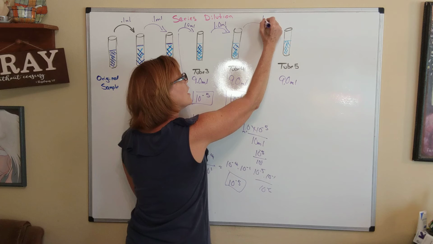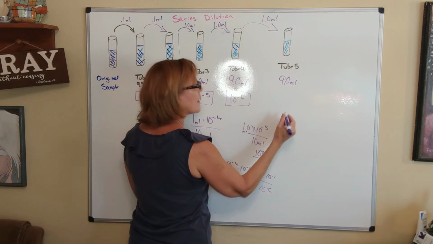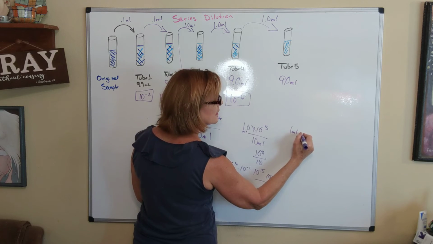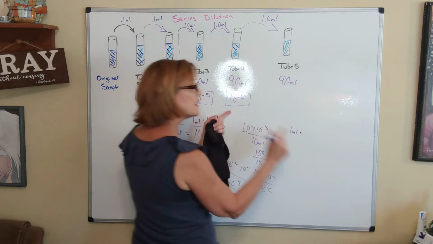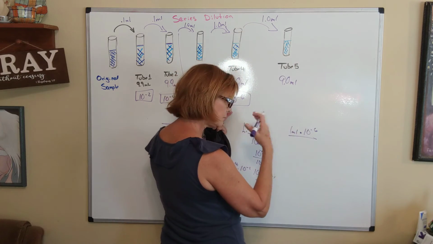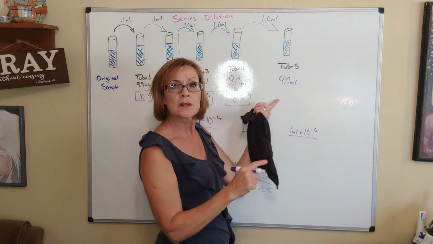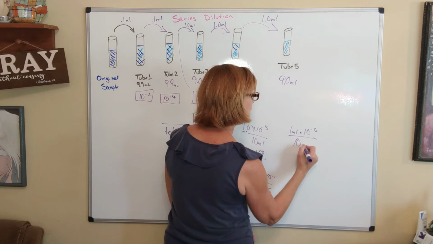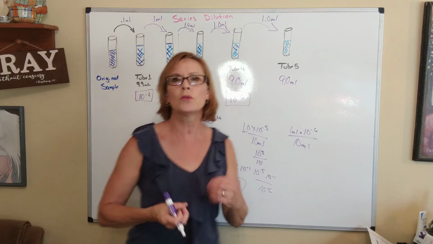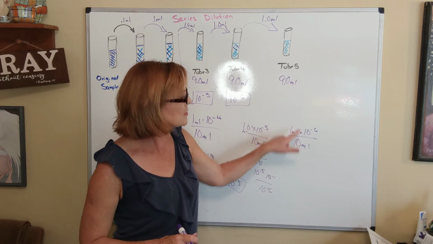Again, what if they add 1 milliliter? 1 milliliter of what? Of, or times, 10 to the negative 6 is what they've added. Once we add 1 milliliter, 1 plus 9 becomes 10 milliliters. This is a proportion. A proportion is something that doesn't hold units because the units are the same.